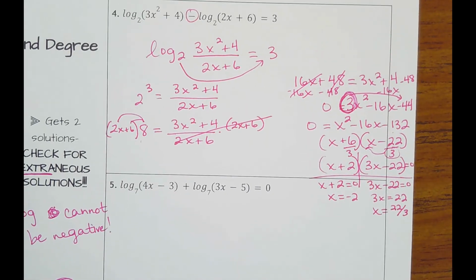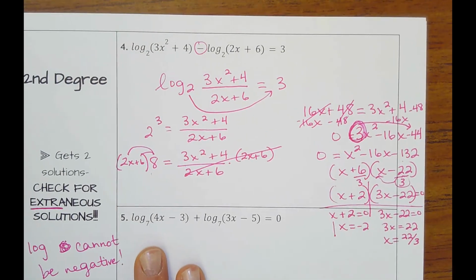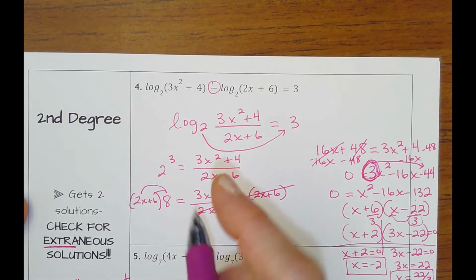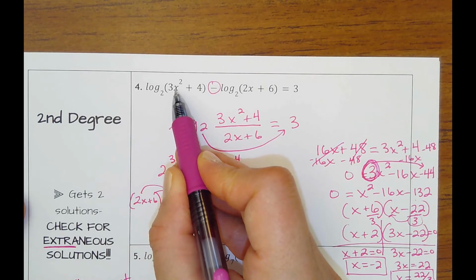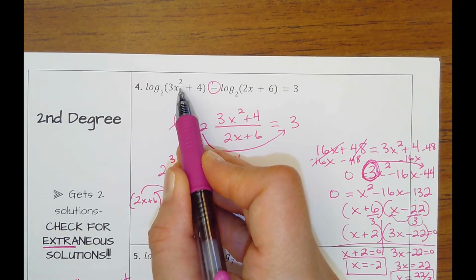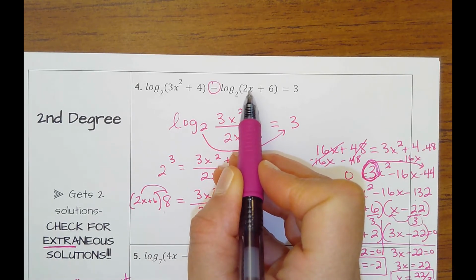Here's all you need to check, so don't freak out. I know this was a lengthy one. We need to see if these answers both really work. We got an answer of a negative 2. Let's look. Plugging in a negative 2 here and squaring it, that's going to result in a positive, so that's good. But look what happens here. 2 times negative 2 is negative 4.